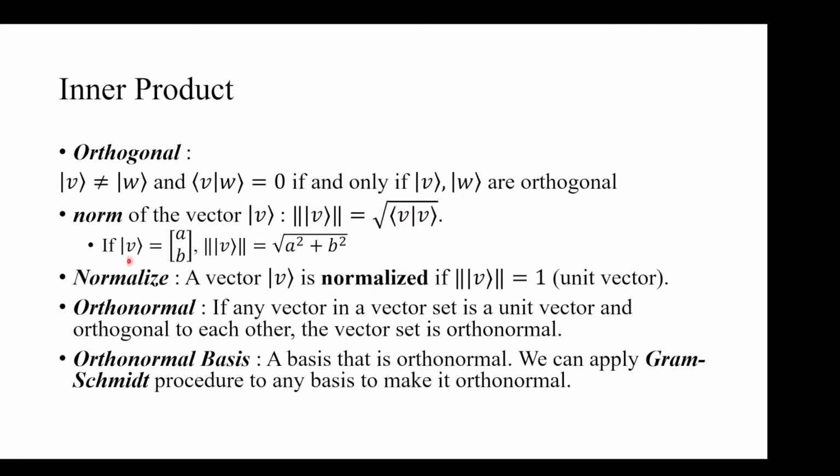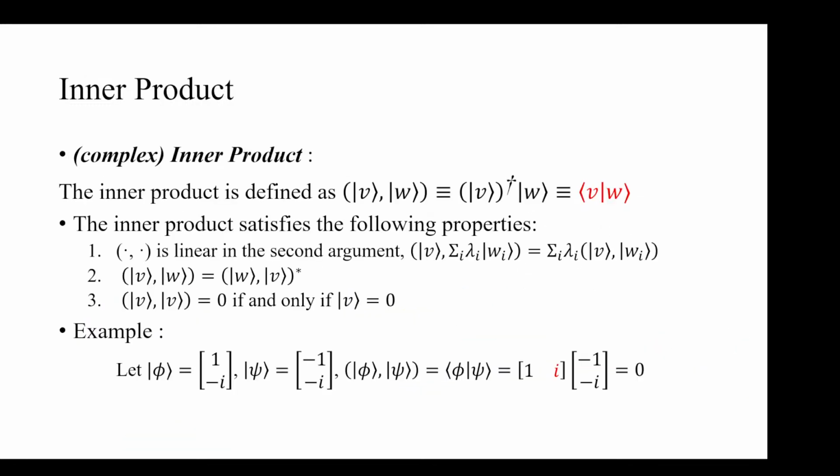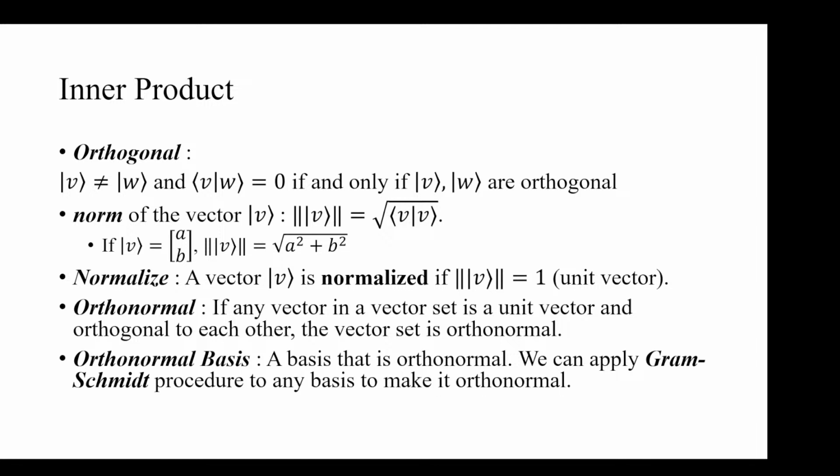Think about V being some complex vector with entries A and B. Oh, sorry, I have a little typo here. Then the norm of V will become the square root of the absolute value of A squared plus the absolute value of B squared.